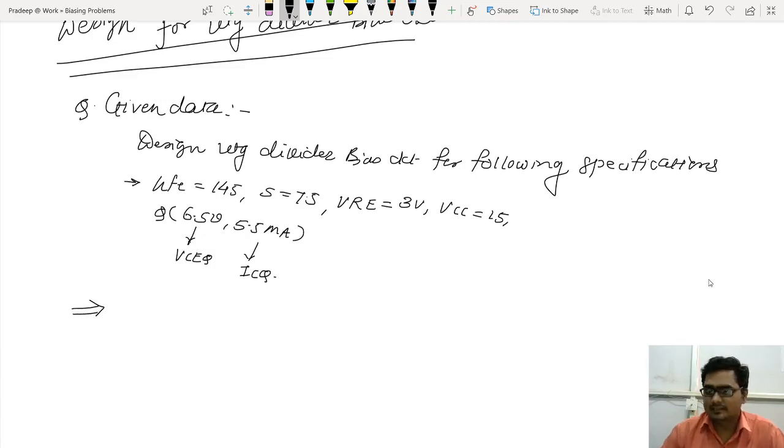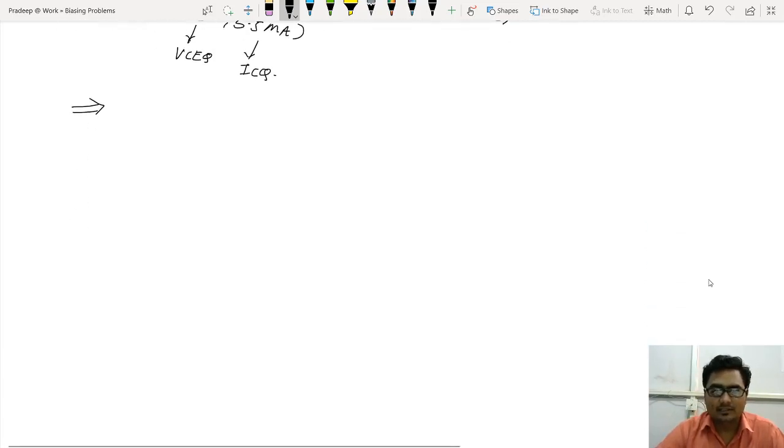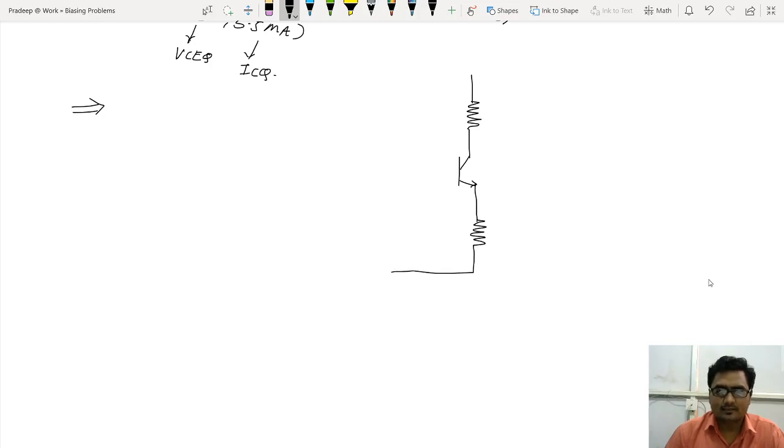Obviously, whenever I start a design, we need to start with the circuit diagram. So let me draw the circuit diagram first. There, a collector resistor. After that, this is a transistor. See, I'm in the voltage divider bias circuit. So the emitter resistor along with the two-resistor voltage divider network, that is R1 and R2, will be there in our circuit.